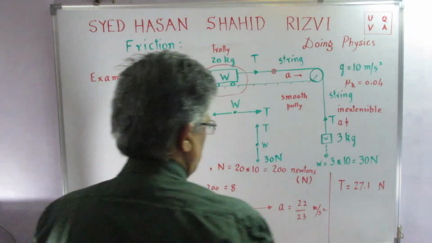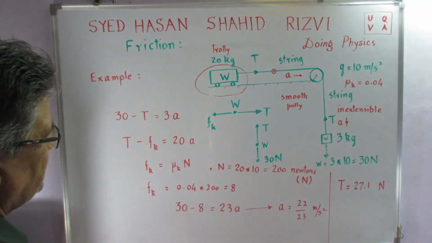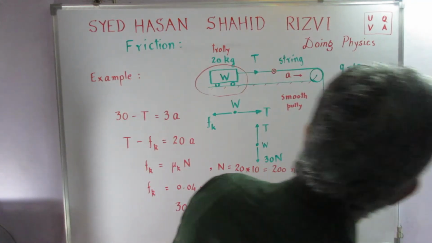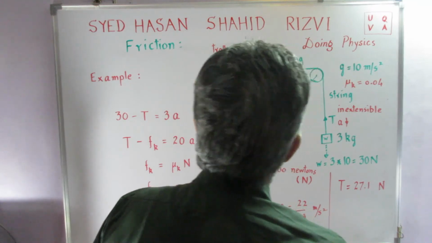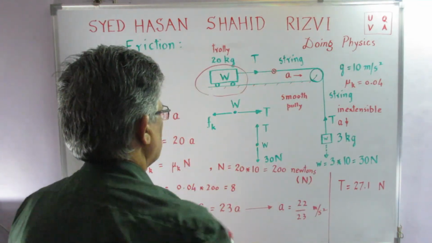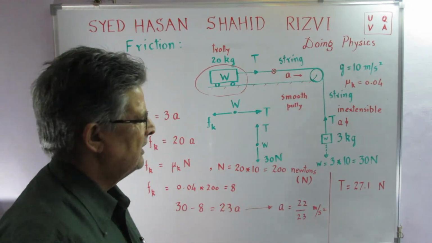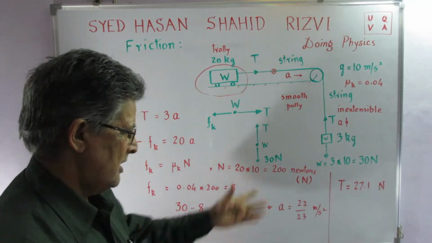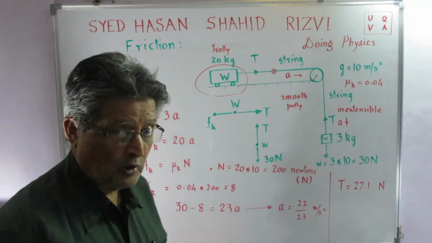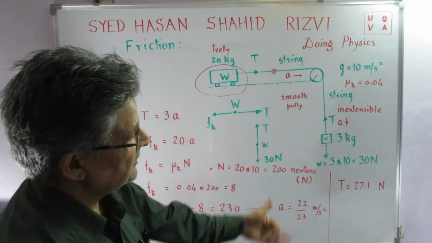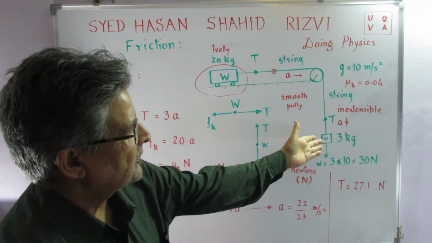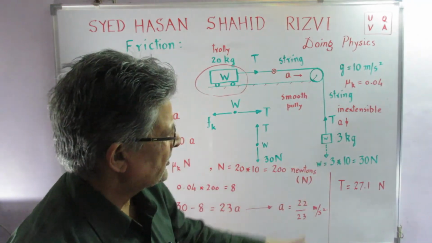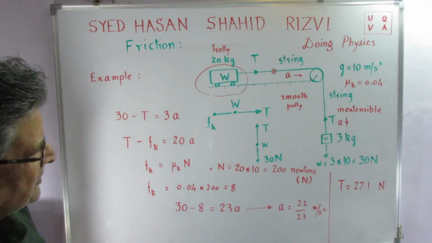Okay, look here. Now finally we have obtained the tension. It does depend upon what these forces are, what is the mass of this body and what is the mass of this body, and naturally if the mass of this body is more, then the acceleration must be more. It is for you to check if you change the data from 3 kilogram to say 4 kilogram, 6 kilogram, and you will obtain the results of the acceleration.